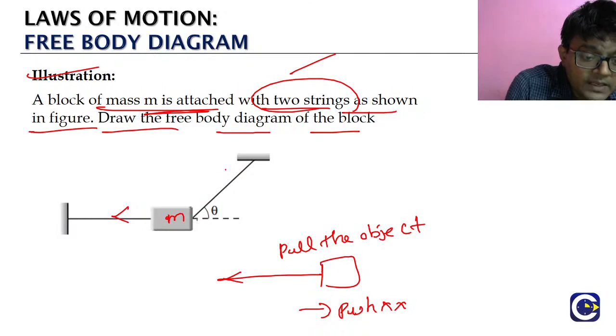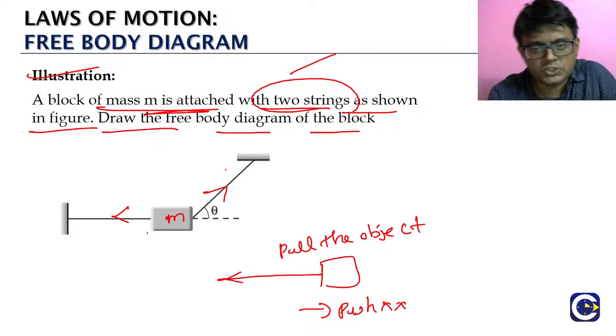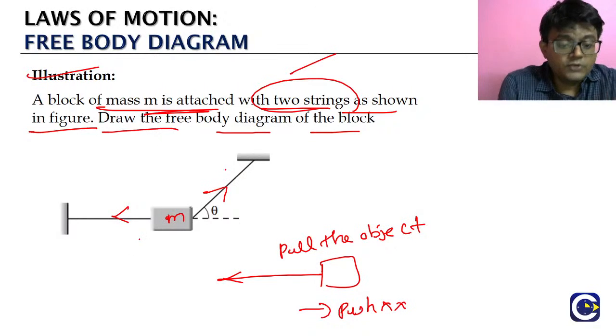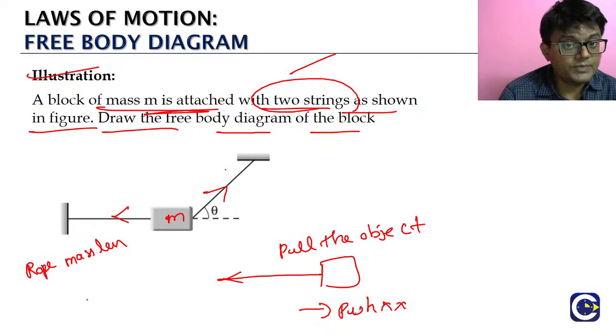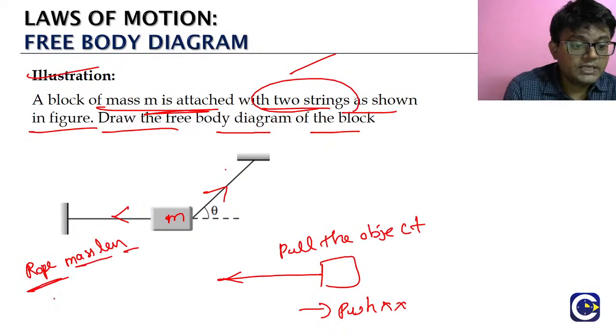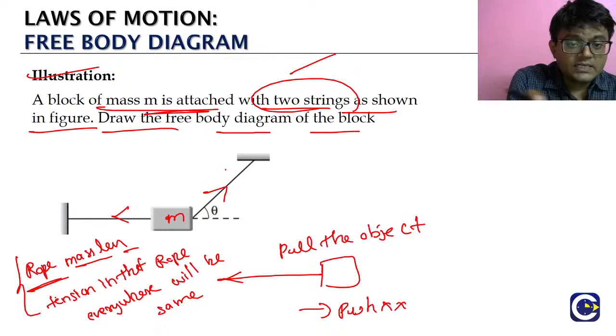Similarly, on this side, this is also connected to one more rope. So the tension force will be acting into this rope. So there will be a tension force on this side and a tension force on that side. Remember, if you have a rope which is massless, what have we already said? Tension everywhere in that rope will be the same.